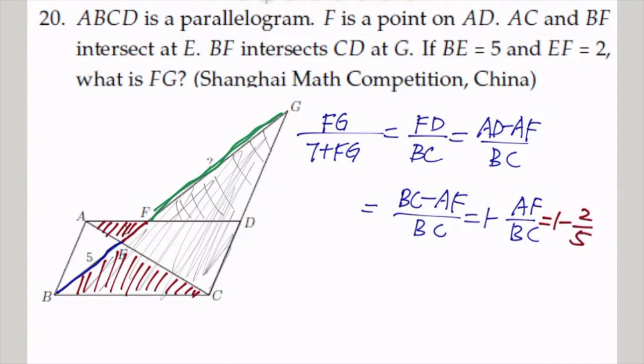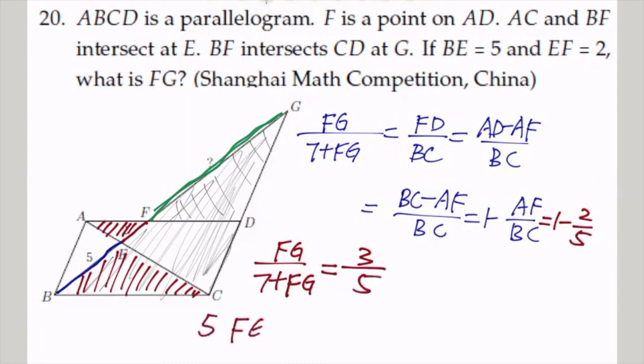Okay, so now we have FG over 7 plus FG equals 3 over 5. We solve for FG, so this is 5 times FG equals 3 times 7, 21, plus 3 times FG, which means 2 times FG is 21, which means FG is 10.5, which is the answer.